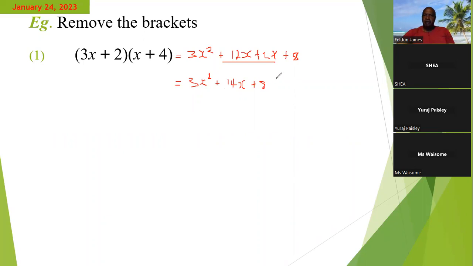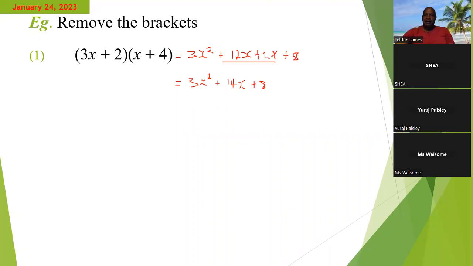What do we call an expression that consists of four terms? Polynomial. Okay.